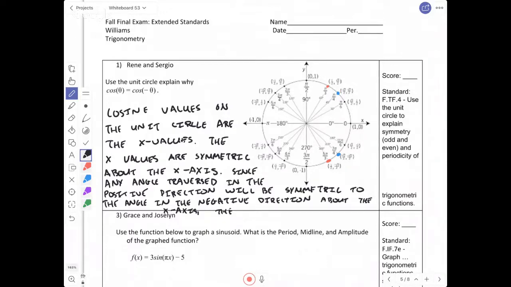The cosine of any angle is equal to the cosine of the negative angle.